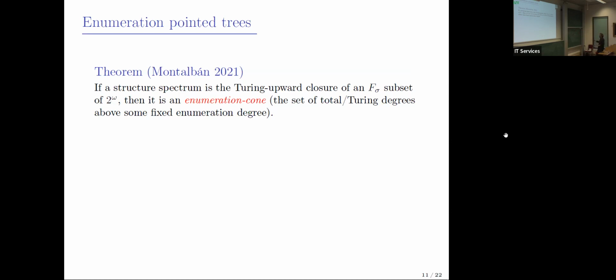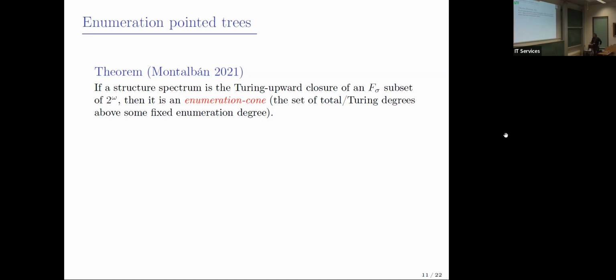So he was interested in this, and it's known that there are some limitations on the possible spectra of structures. For example, it's known that you can't take all degrees that either compute the set X or the set Y, as long as X and Y are incomparable. I mention this specifically because this is prototypical for what this theorem is saying.